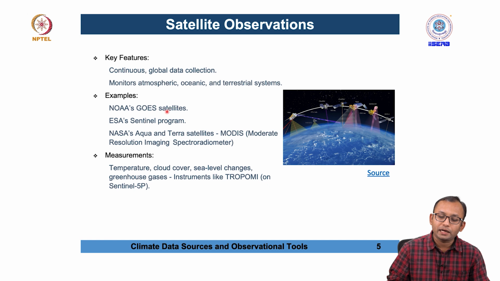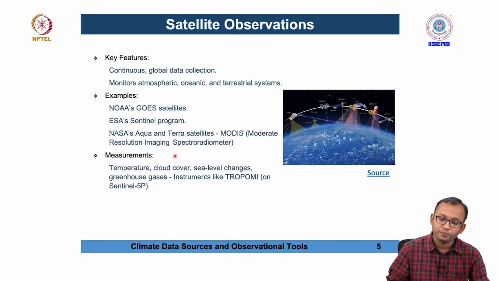Some of these satellites are, if you talk about NOAA's GOES satellite, ESA's European Space Agency Sentinel program, or NASA's Aqua and Terra satellites, which carry the MODIS data set, which can be used for multiple different purposes, a global data set.